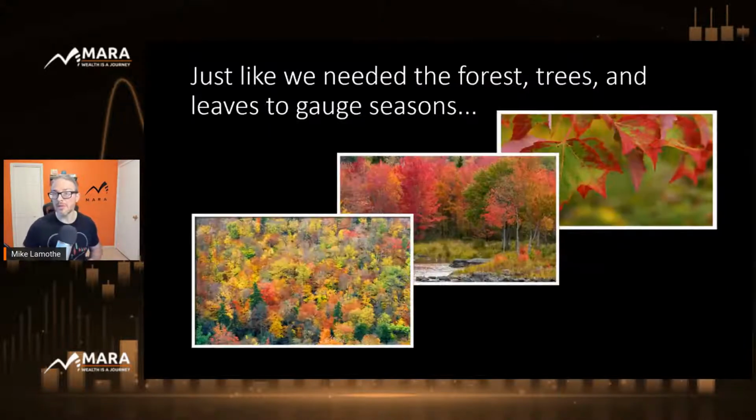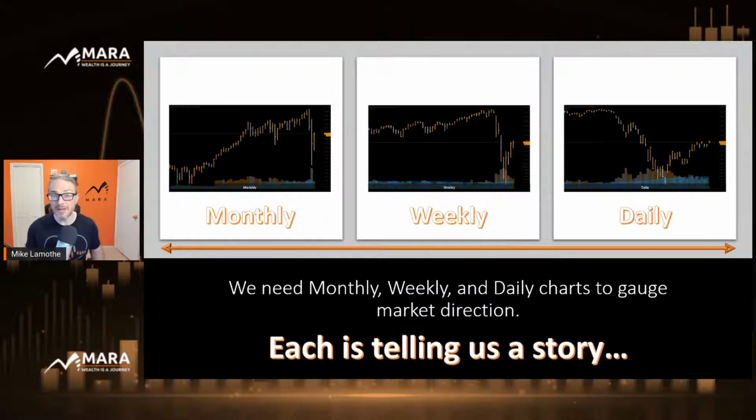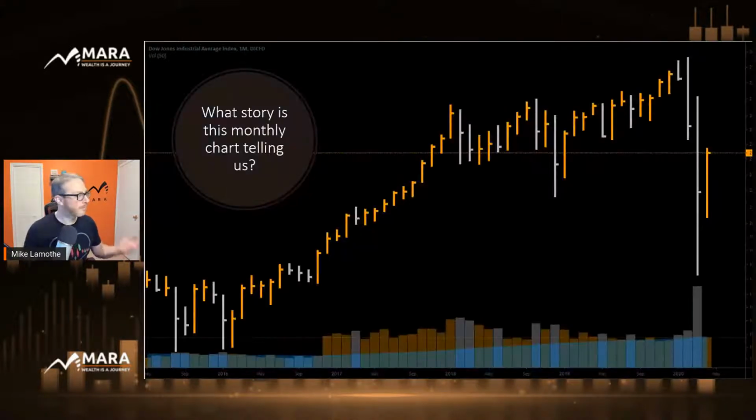In doing this multiple time frame analysis, that's what this is going to help you with. Just like we needed the forest, the trees, and the leaves to gauge the seasons, as we spoke about in previous live streams, we need the monthly, weekly, and daily charts of the market. Each of them is telling us a story. So when you're looking at this chart here, what kind of stories are you seeing?